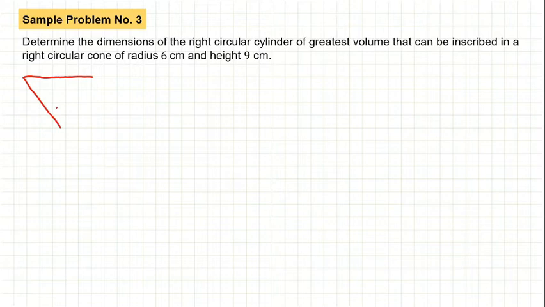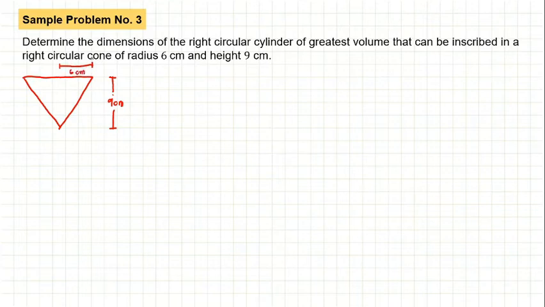So, lagay natin dyan. Ayan. So, the cone is 9 centimeters yung height. So, this is 9 cm. And the radius is 6 centimeters. So, from the center going to the edge, that will be 6 centimeters.